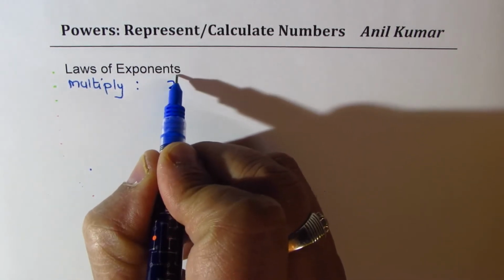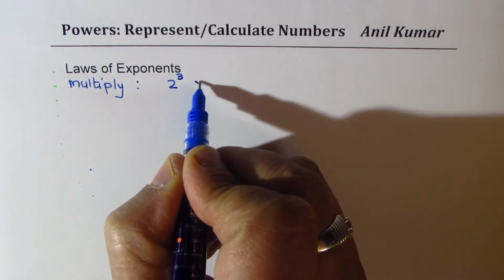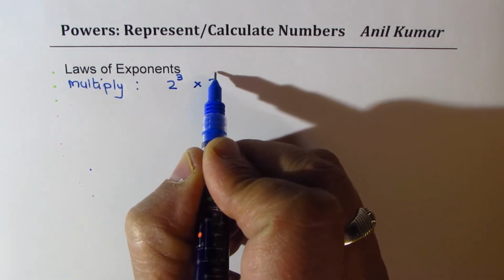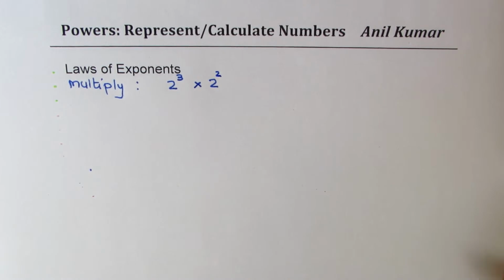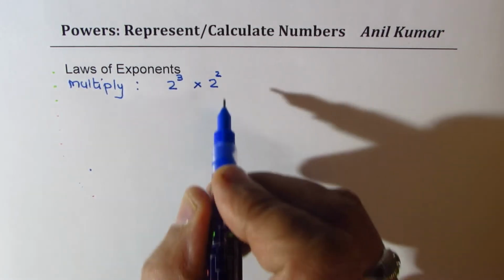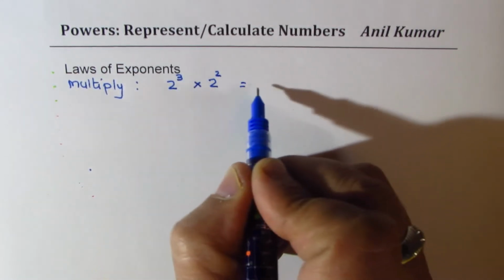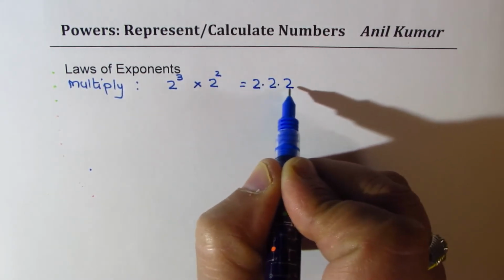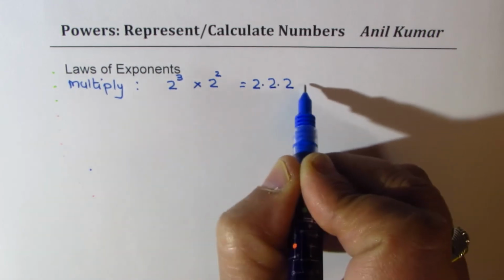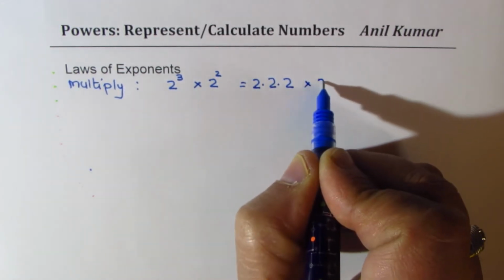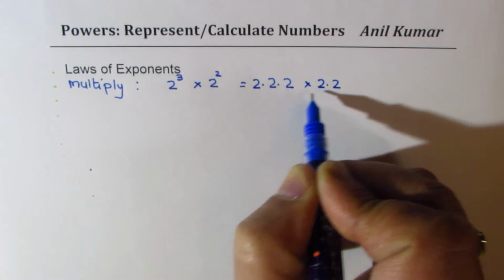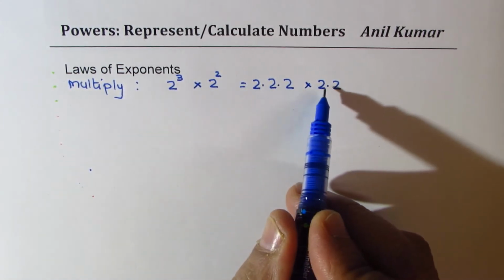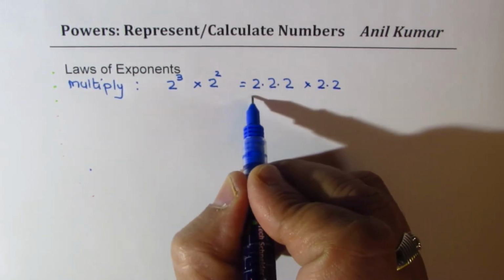If I say 2 to the power of 3, that is 2 cubed, times 2 to the power of 2, 2 squared, let's keep it simple. What is that equal to? Well, 2 to the power of 3 means we have to multiply 2 by itself and we should have 3 2's. And 2 squared means there are 2 2's which are getting multiplied. Now, that is repeated multiplication, correct?